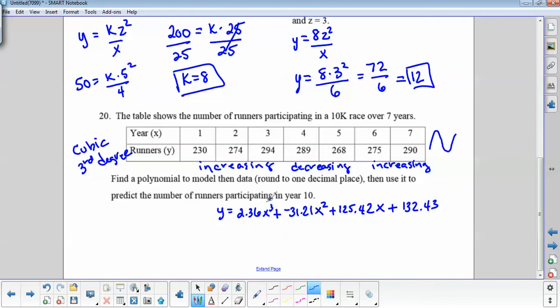Okay, so if we substitute 10 for all of your x's, you're going to put this in the calculator.